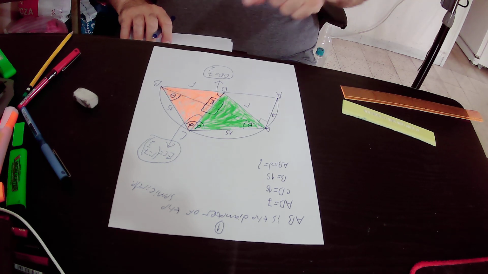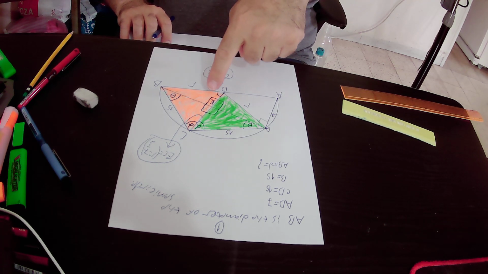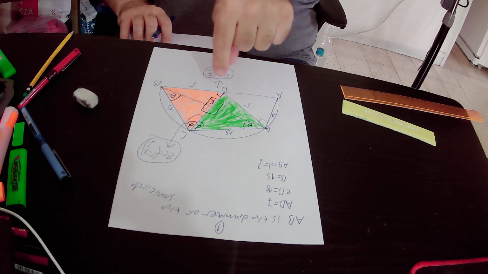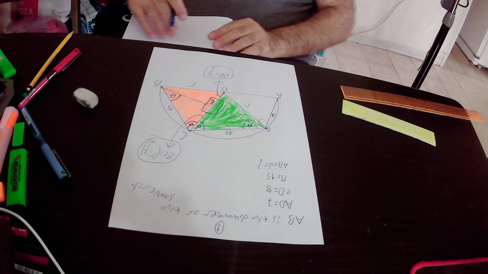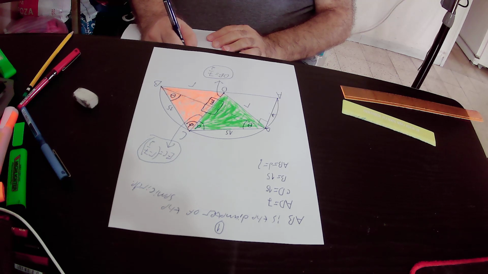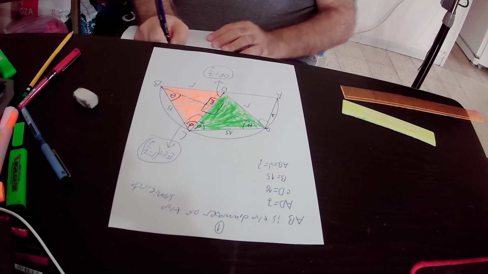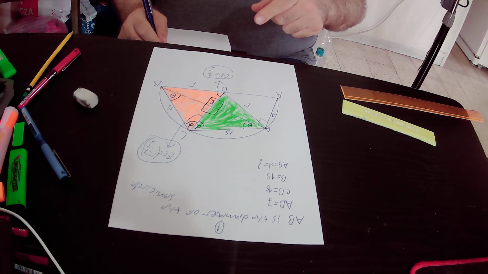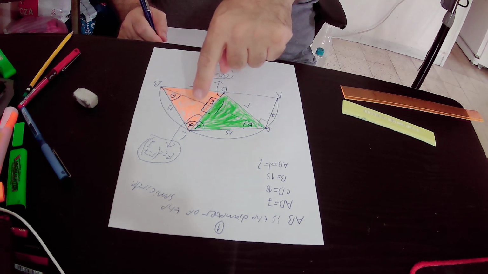So first, EB square will be related to this triangle. Here EB square will be equal to OB square minus OE square. And the second EB square will be related to this right triangle.